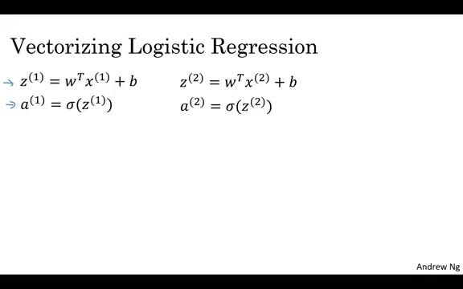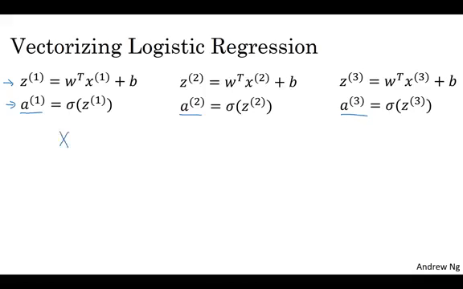Then on the third example, you need to compute that, and so on. You might need to do this m times if you have m training examples. It turns out that in order to carry out the forward propagation step, that is, to compute these predictions on all m training examples, there is a way to do so without needing an explicit for loop. Let's see how you can do it.